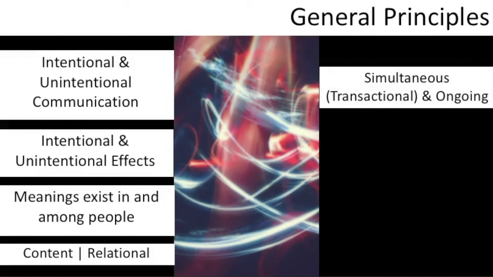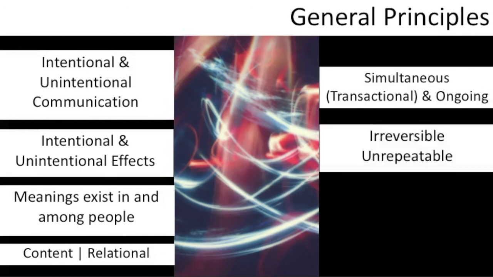We have also talked about how interpersonal communication is simultaneous or transactional and ongoing. This means that we really can't totally control communication processes, which also makes communication in conflict situations more challenging. As does the fact that communication is irreversible and unrepeatable. We can never really take back the messages that we have sent.